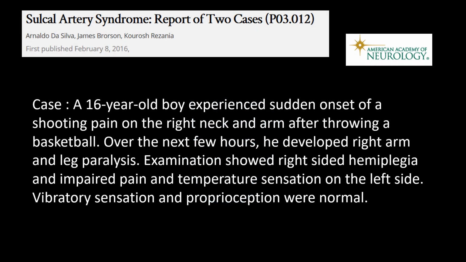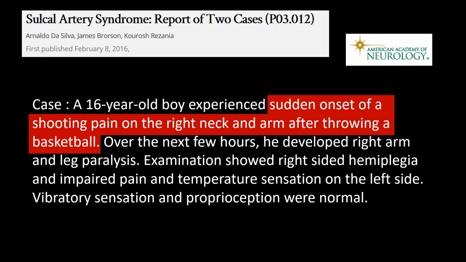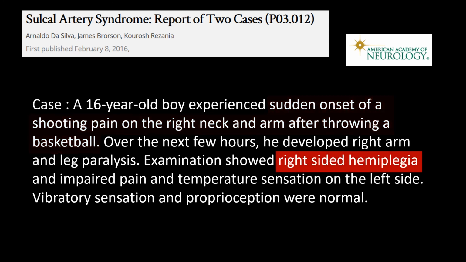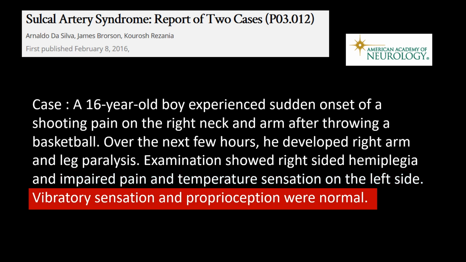The first case was reported in 2016. Notice the age of the patient, the temporal evolution of the complaint and how it happened, the right-sided weakness, left-sided impaired pain and temperature sensation, and the normalcy of vibration and proprioception.